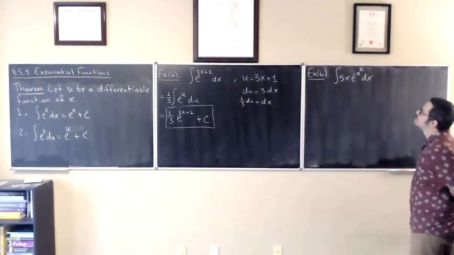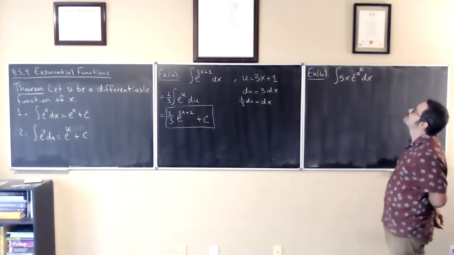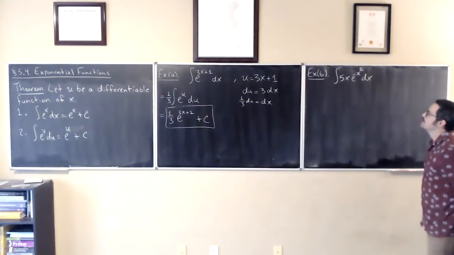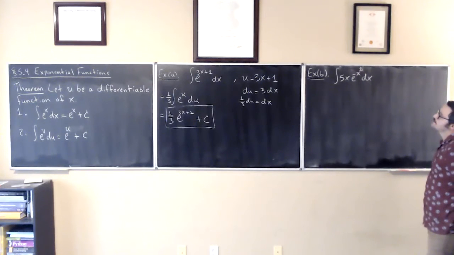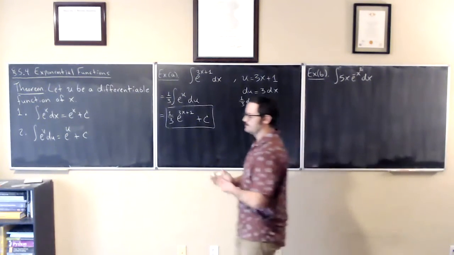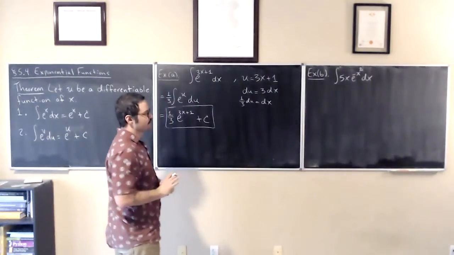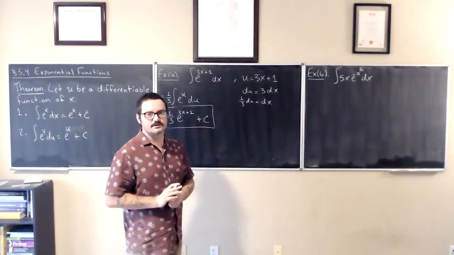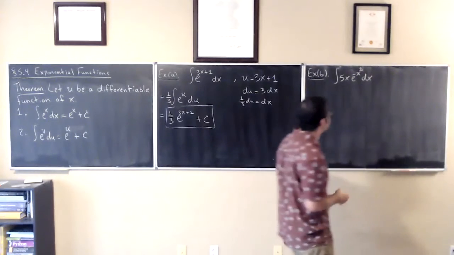So let's look at this one here. We have the indefinite integral of 5x e to the power negative x squared dx. So let's see if we can use change of variables to write this as a simple integral in terms of the function u, which is a function of x.